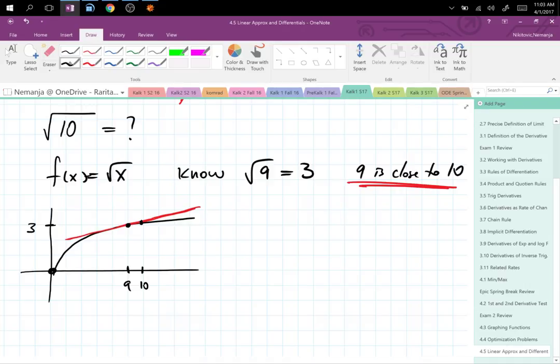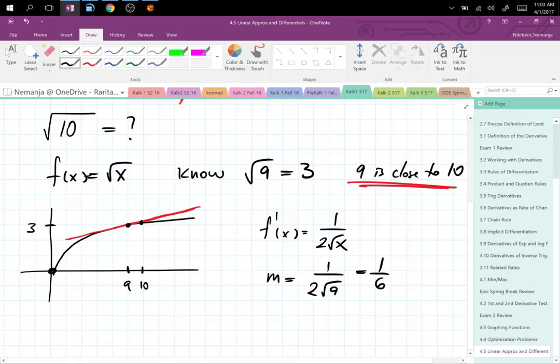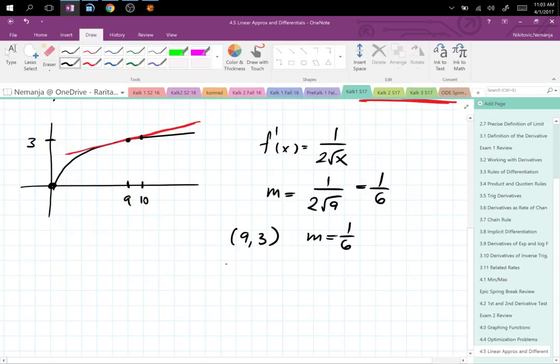So let's find the tangent line at 9. For the tangent line, we know we have to find the slope by doing the derivative. So f prime of x is 1 over 2 root x. And the slope m is 1 over 2 square root of 9, which is 1 over 6. So now I have a point (9, 3) and a slope of 1 over 6. I can find b quickly.